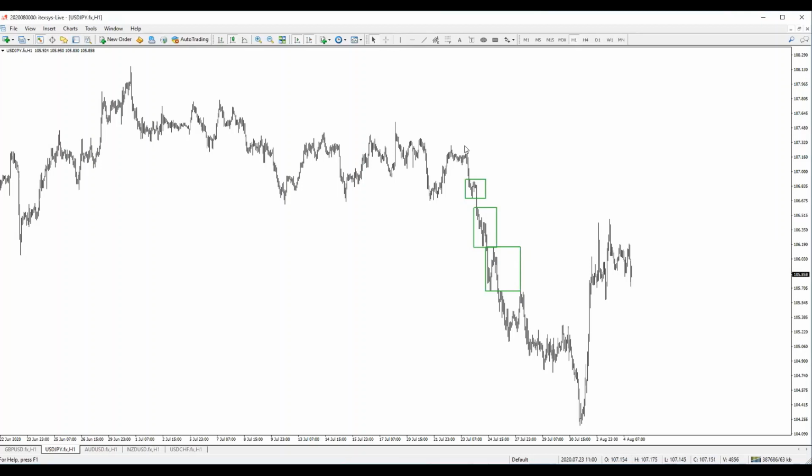With this incomplete flag, price has within it all these lower time frame flags. After it happens, we can see that price went down, so we can mark these as flags and poles.